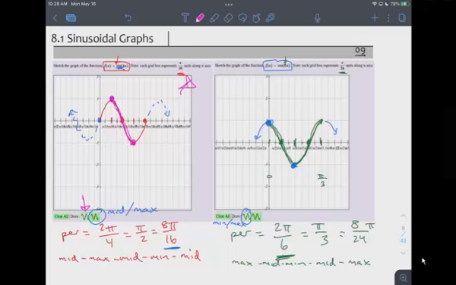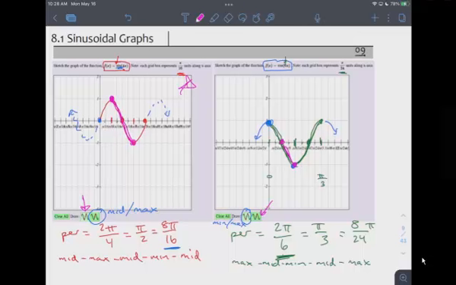The sine and cosine graphs are the same, they're only shifted differently, horizontally. If you'd hit this sine button here and clicked on the midline, and then either the max or min, whatever the next one is, if you clicked on those two, it would also create this exact same graph for you. So it doesn't matter which one you choose.